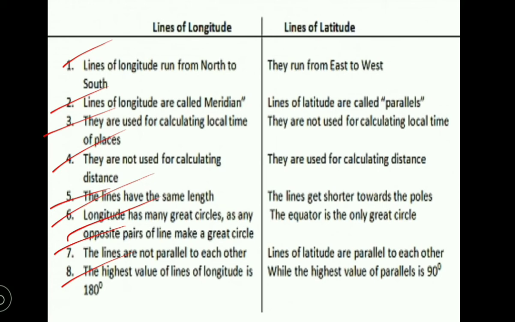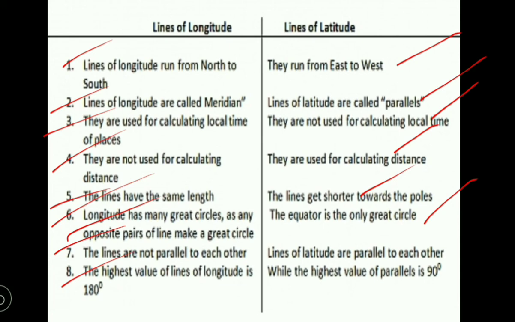Now as we move to the lines of latitude, they run from east to west. Lines of latitude are called parallels. They are not used for calculating local time. They measure the distance from the equator, and they are used for calculating distance. The lines get shorter towards the poles. The equator is the only great circle among the latitudes.